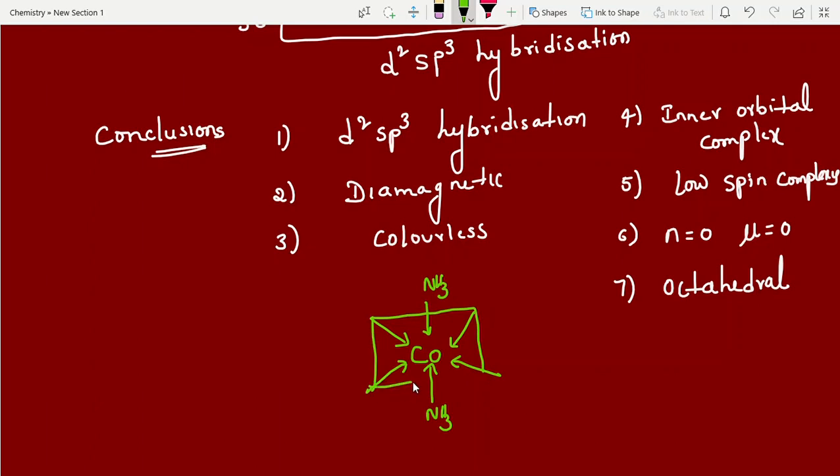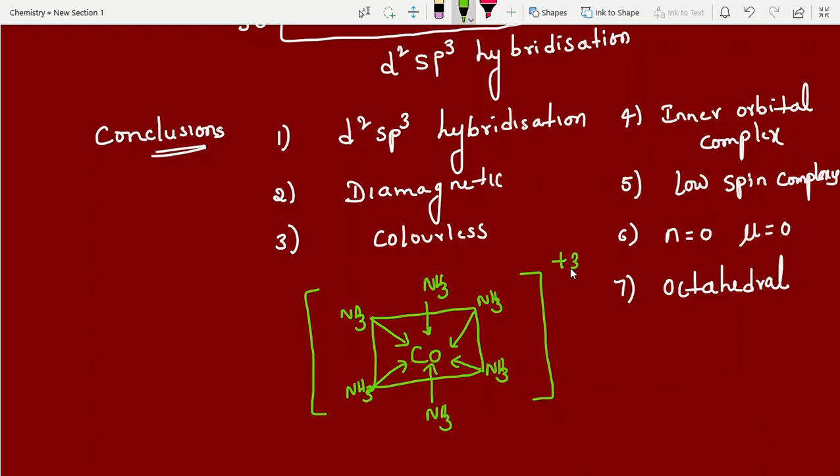After that we have to draw ammonia molecules above and below the plane. This is NH3, this is NH3, this is also NH3. That's it. So this is finally octahedral, but we have to write the charge.